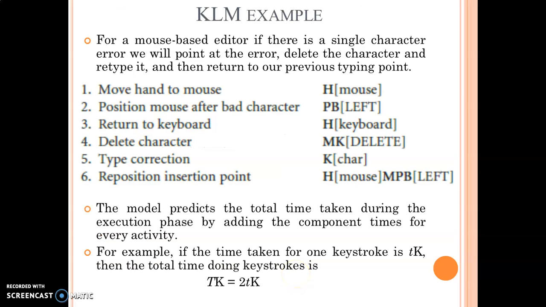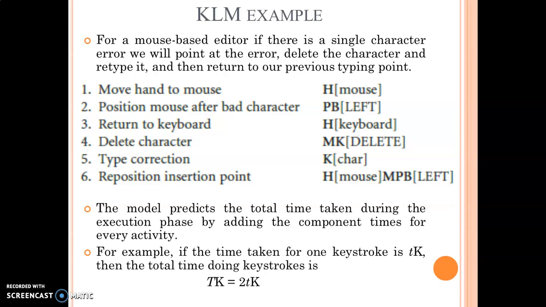So let's proceed further with the KLM model. The times for the other operators are obtained from empirical data, and the keying time obviously depends on the typing skill of the user, so different times are used for different users. Pressing a mouse button is usually quicker than typing, specifically for a two-finger typist.